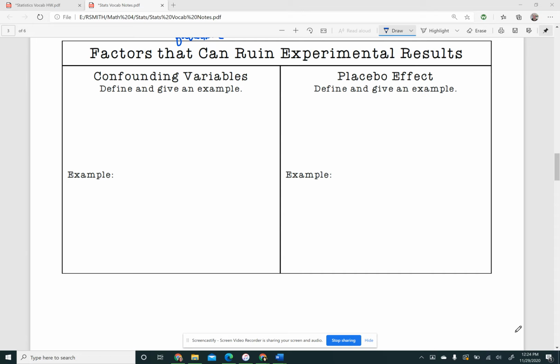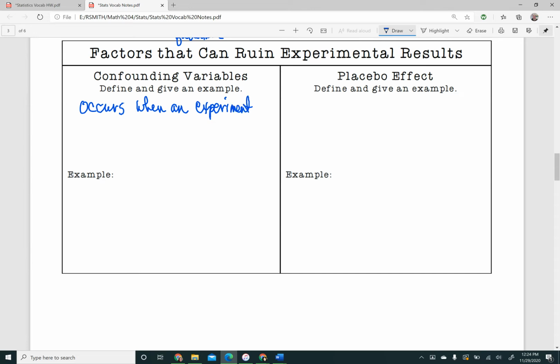Confounding variables occurs when an experiment cannot tell the difference between the effects of different factors on a variable.